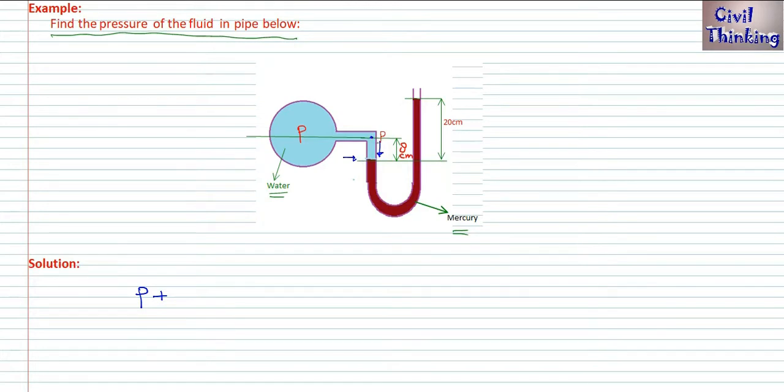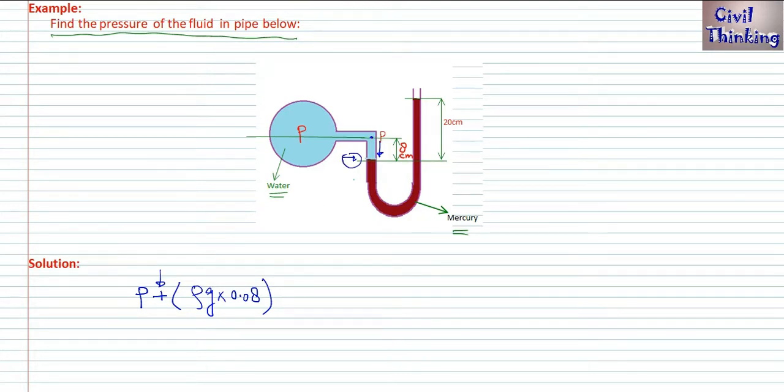The pressure here is P plus rho g h, where h here is 8 centimeters, which is 0.08 in meters. We find P first, then we go down and use the positive sign. Now we have reached the interface.